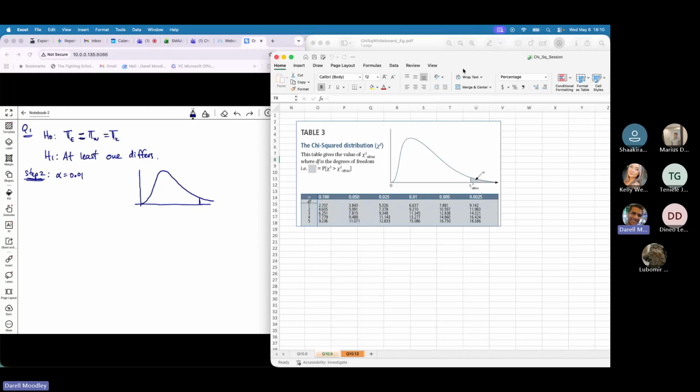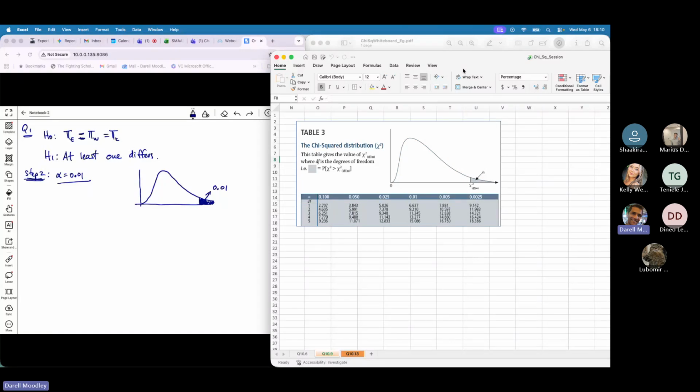So you don't really need to say whether it's a one-tail or two-tail test. Your rejection region will always be on the right, like this. The size of the shaded region is your alpha, so the size of that shaded region is 0.01. That's your level of significance.